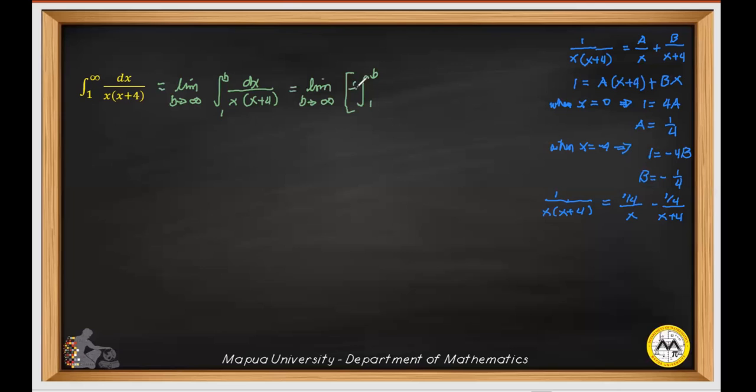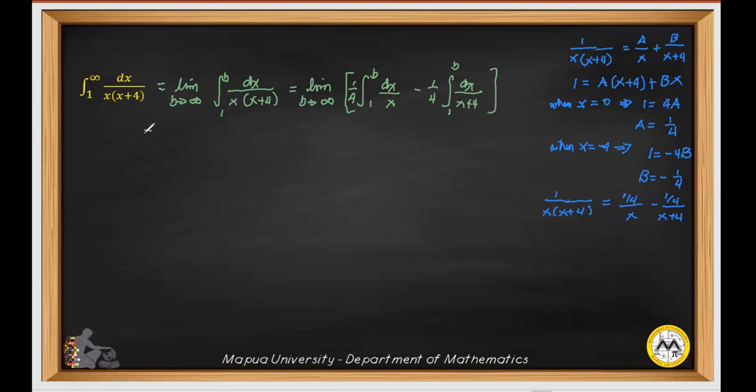Now we can just write it before the integral sign, the differential of x over x, then minus, since B is negative 1 over 4, minus 1 over 4 times the integral of the differential of x over x plus 4, to be evaluated from the lower limit 1 to the upper limit b.